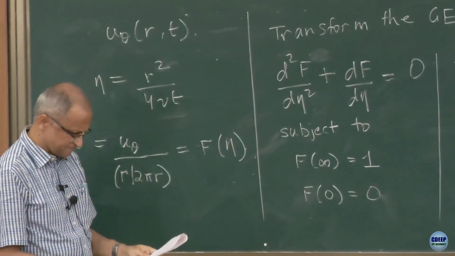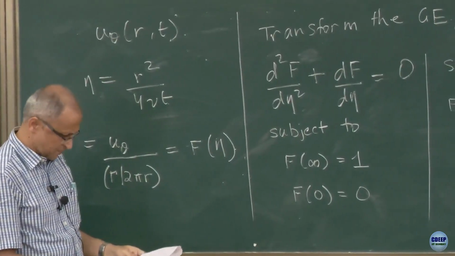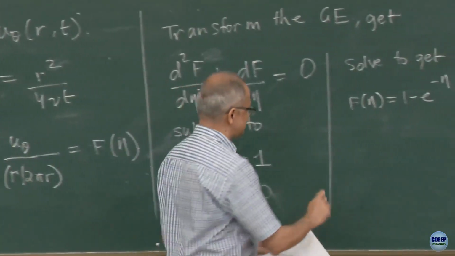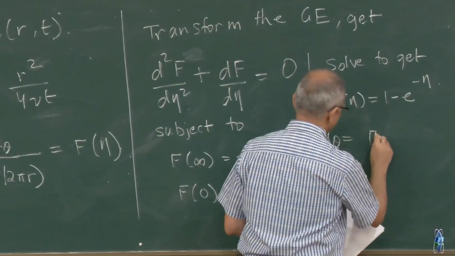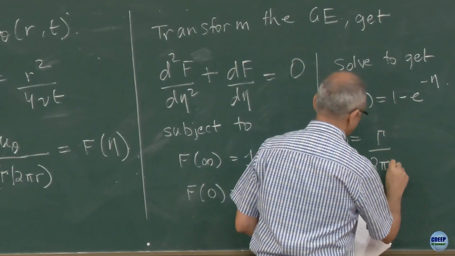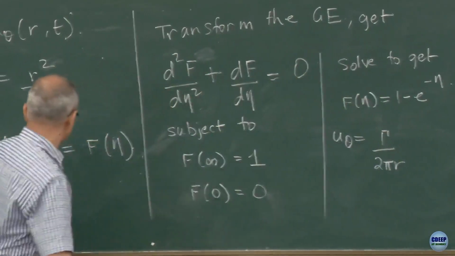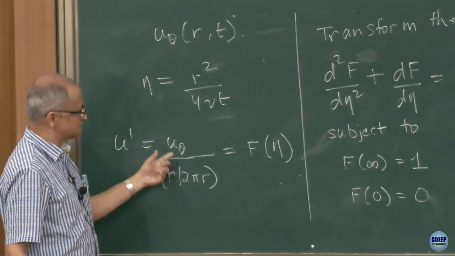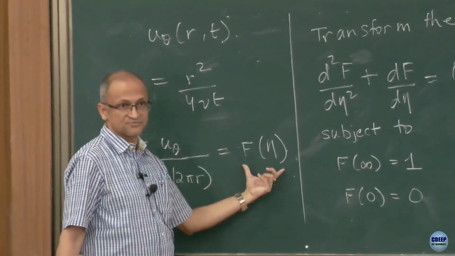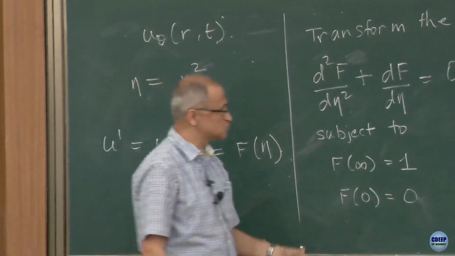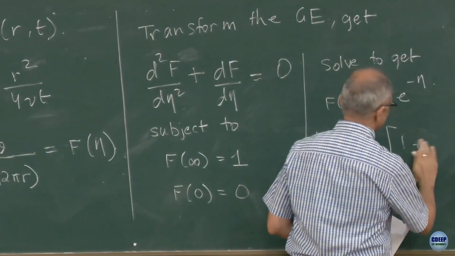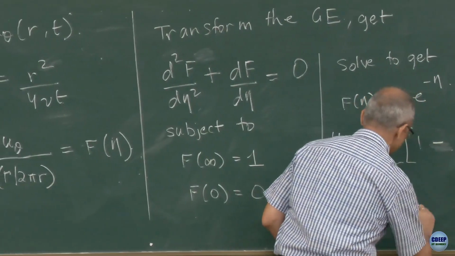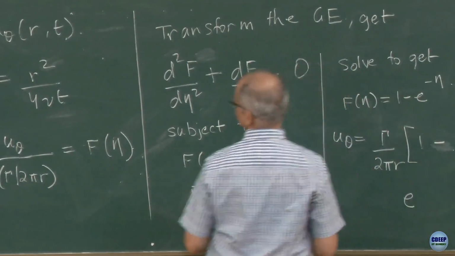So what is my u theta now? U theta is equal to gamma upon 2 pi r. You can see I'm coming from here, gamma by 2 pi r. U theta is gamma by 2 pi r times this function here. This function is 1 minus exponential of minus eta, and eta is nothing but here.